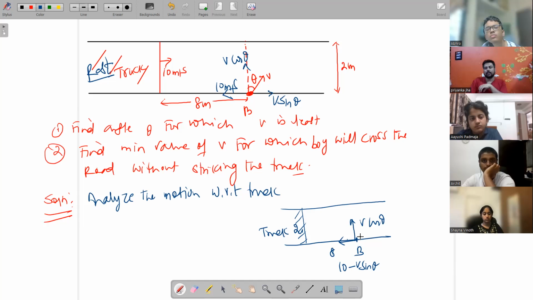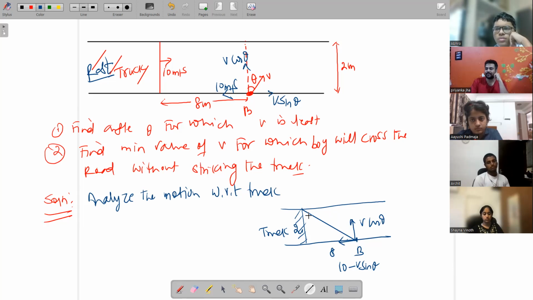So now, what theta we can choose so that at least this boy must cross the road from this point. He may cross from here, here, or here, but he cannot go beyond this line. If he crosses the road beyond this point, he will strike the truck, right?